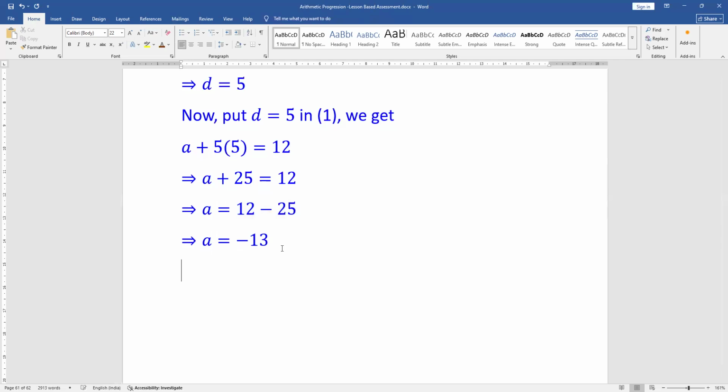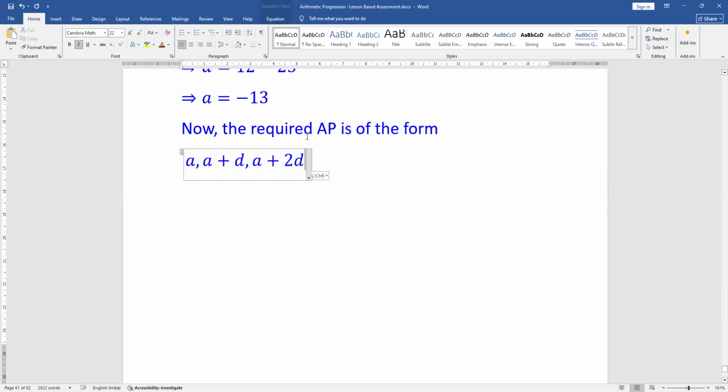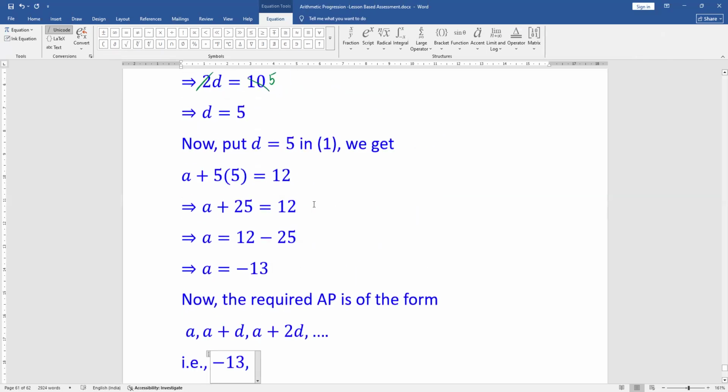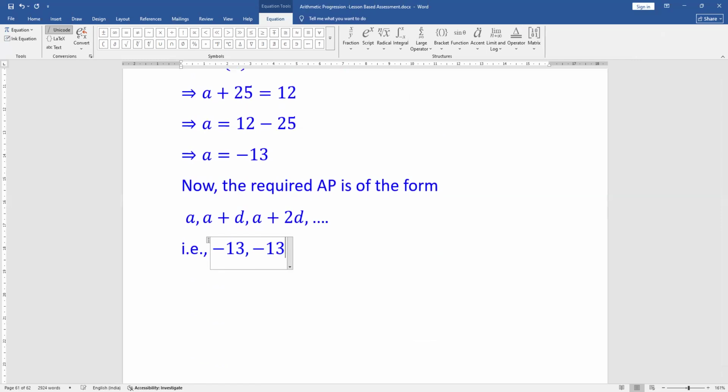Yes, minus 13. Now the required AP is of the form, which form will it be? a, a plus d, a plus 2d, like that. Okay, so now I will do it myself. Now you know the value of a, what is the value of a? It is -13. Then the value of d is 5, so the second term a plus d is -13 plus 5, and the third term a plus 2d is -13 plus 2 into 5, like that.